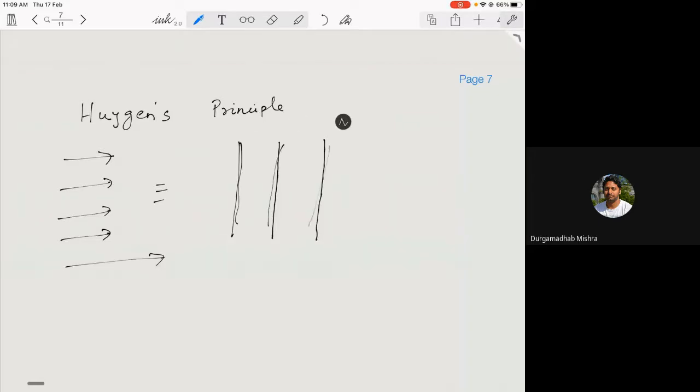And each point on this wave front acts like a spherical wave. That is how the wave moves forward: each point on the wave front acts like a spherical wave.